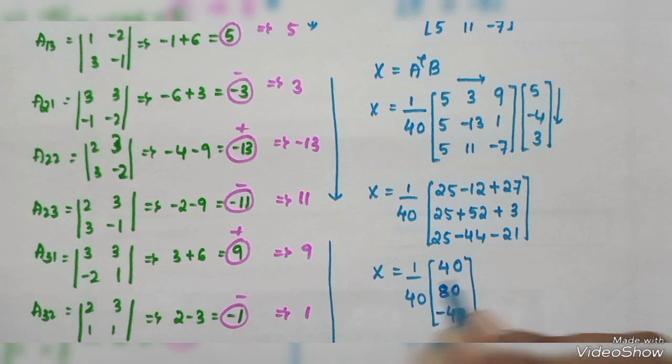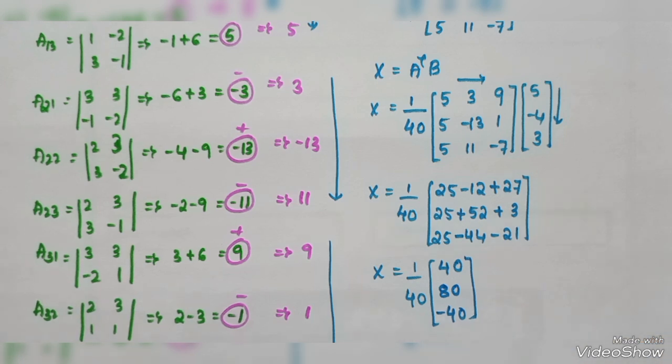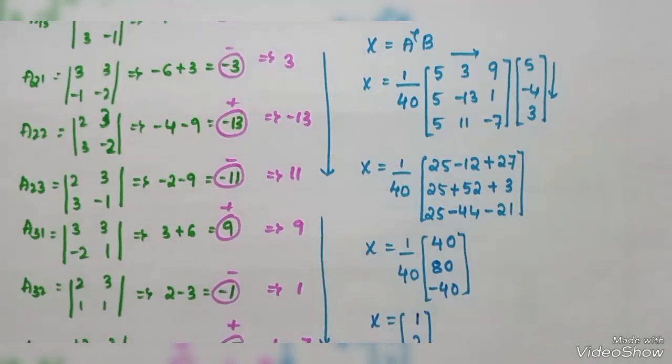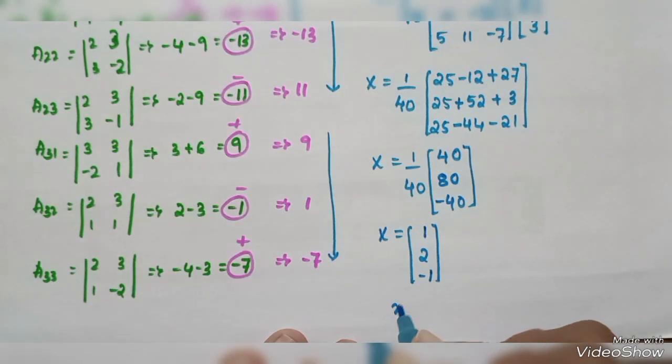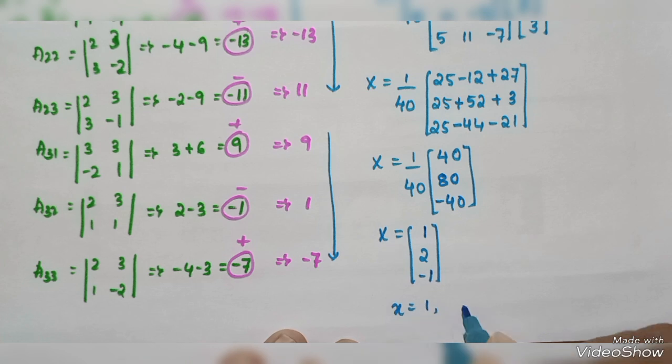Okay, now multiply each value by 40, then x is equal to 40 ones are 40, 40 2s are 40 minus 1. Therefore the values are x is equal to 1, y is equal to 2, and z is equal to minus 1.